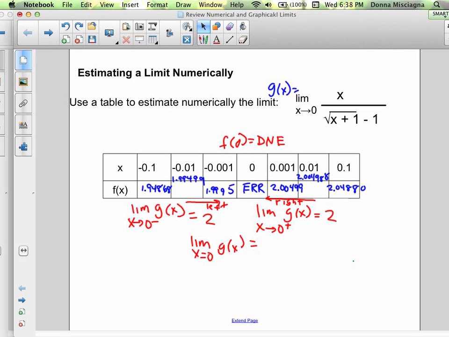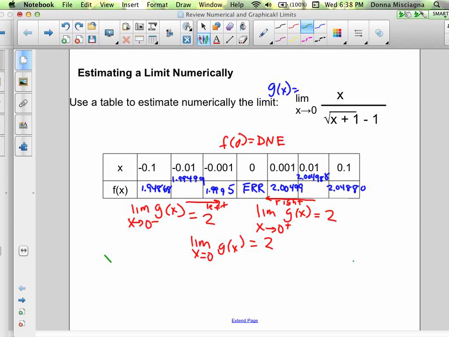Notice that these two match. The limit as we approach from the left and the limit as we approach from the right are both 2. That means our limit exists. So the limit of g of x as x approaches 0 is equal to 2.